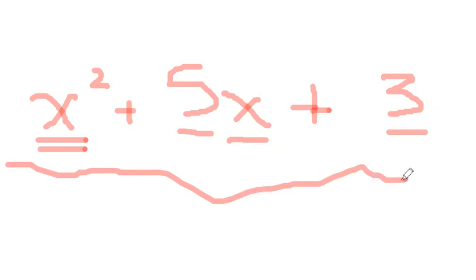Now, any quadratic equation can be written as a product of two brackets, and that is what we call factorization of the quadratic equation.